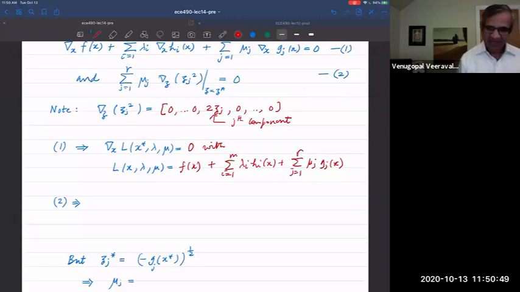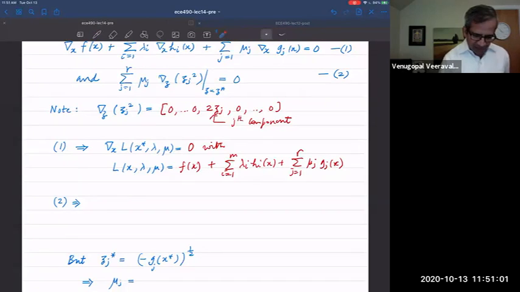So what does 2 tell us? Think of this guy, turned the other way. This is actually the transpose; it's a row vector, so if I take the transpose, it becomes a column vector with this 2 zj as the jth component of the column. That's being multiplied by mu j, and everywhere else I have a 0, corresponding to the jth term in the summation.